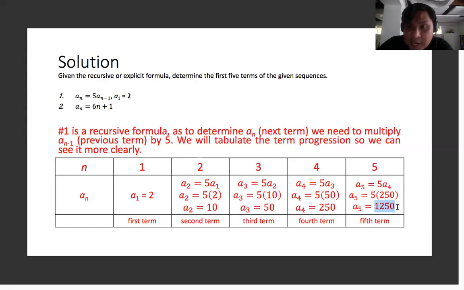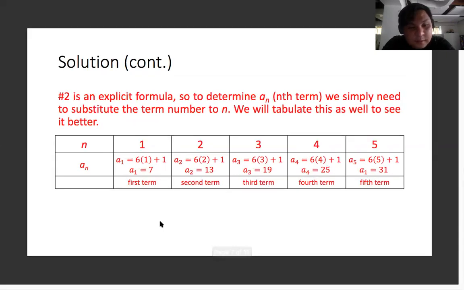Now let's see how it works for explicit formulas. For explicit formulas, it's pretty simple because all you have to do is to substitute the term number for n. So if you're looking for the first term, remember, explicit formulas do not define the first term. It is only a recursive formula that would define earlier terms.